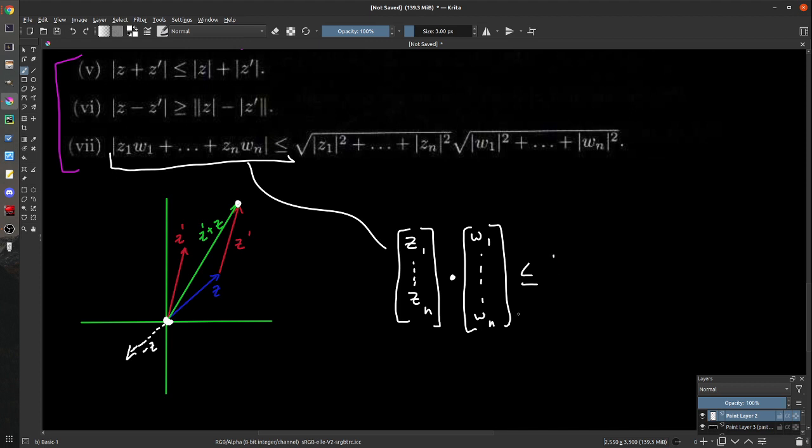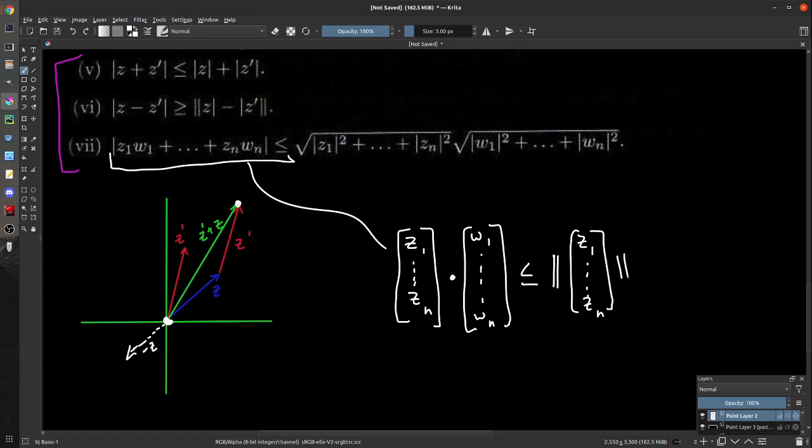I'll just do some annoying notation right here. I'll do double bars to mean length in this case, the norm, as you might call it.